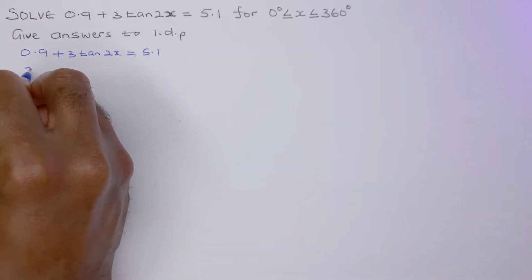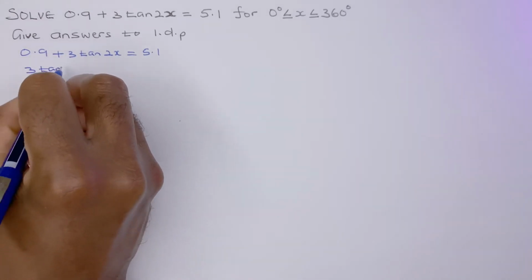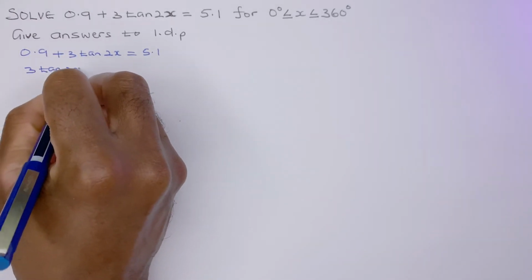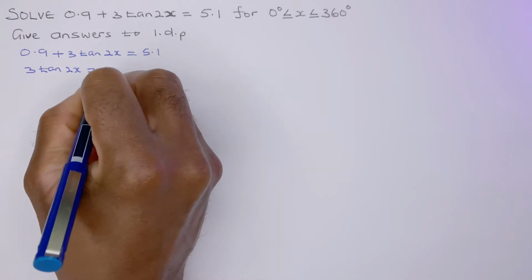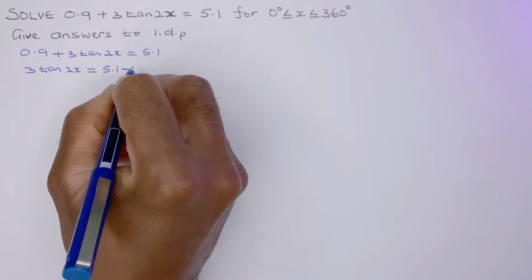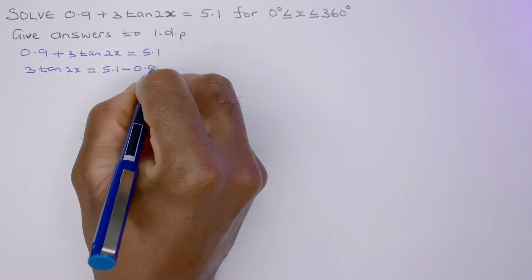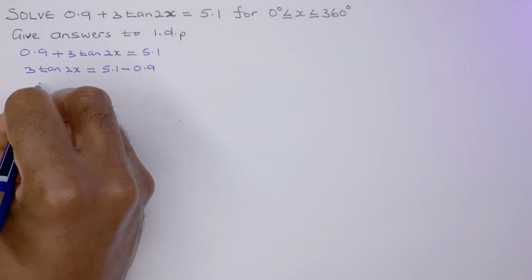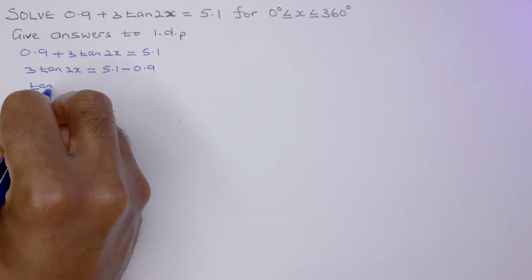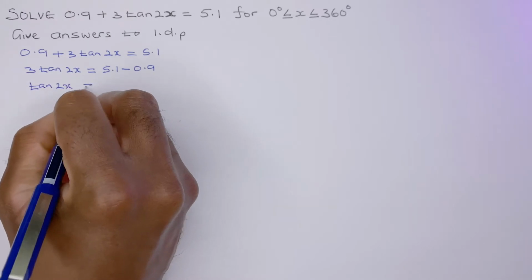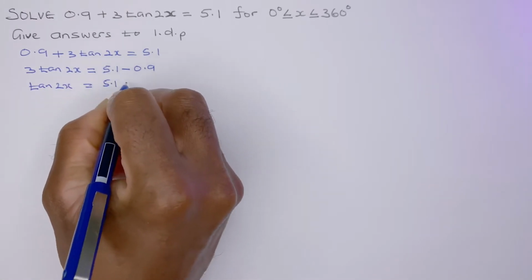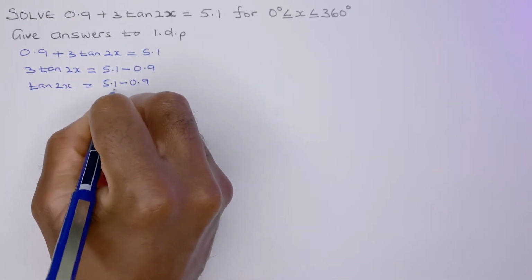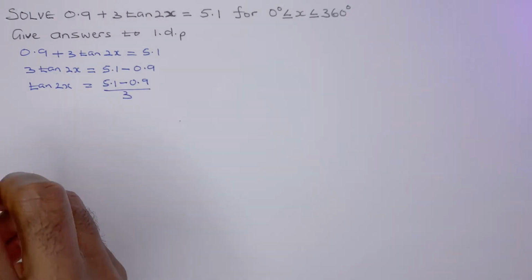So we get 3 tan 2x equals 5.1 minus 0.9. Tan 2x equals 5.1 minus 0.9 over 3.